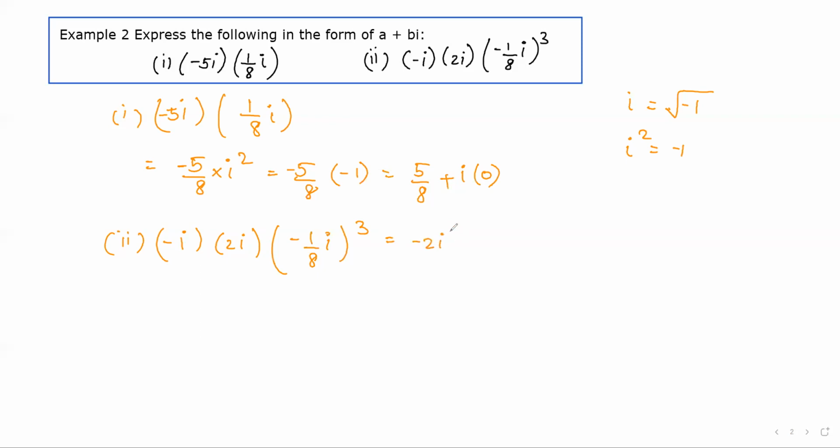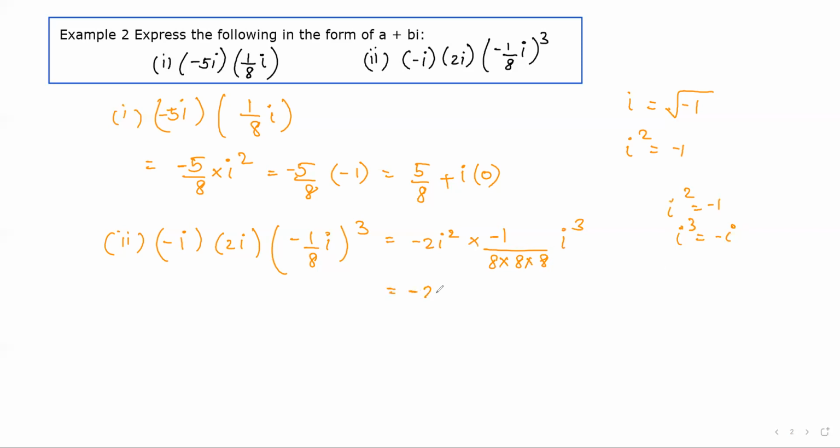Minus 2i square into minus 1 by 8 whole cube will be minus 1 upon 8 into 8 into 8 into i cube. We know that i square is equal to minus 1 and i cube is equal to minus i.